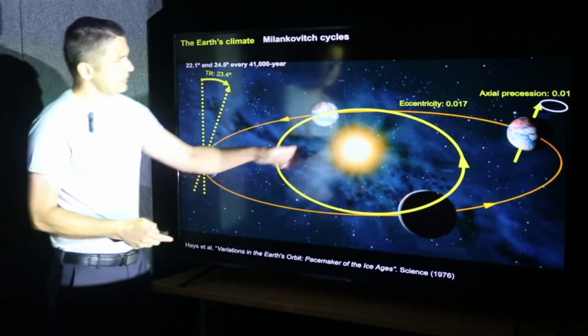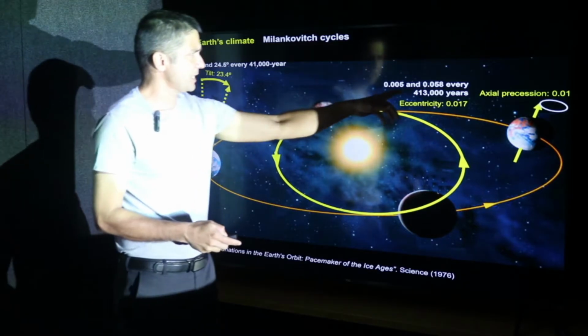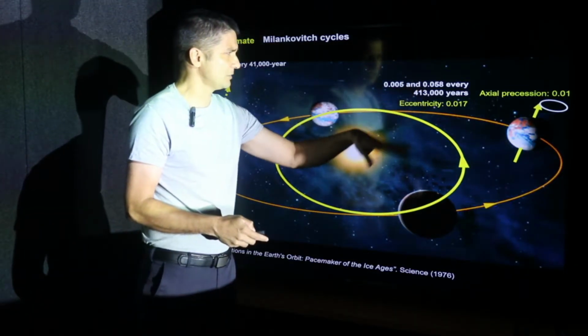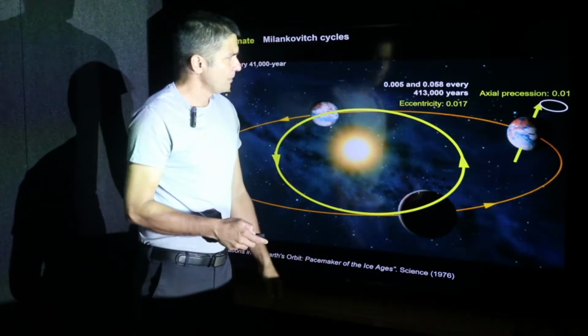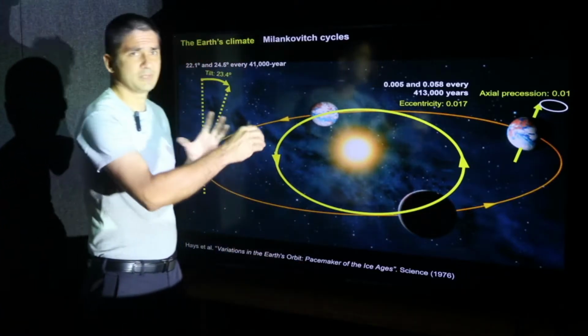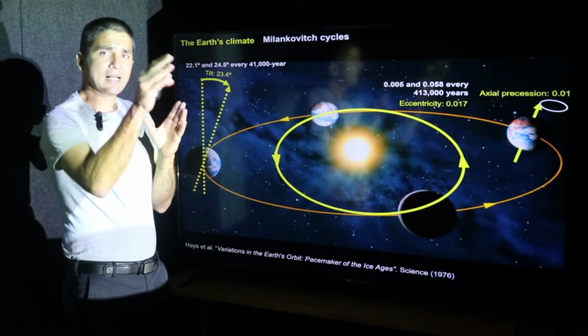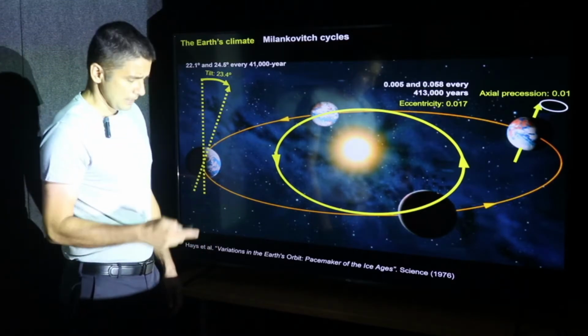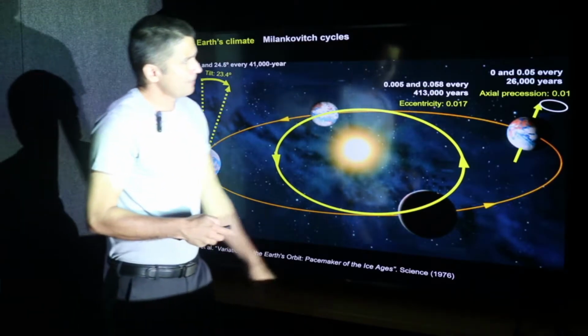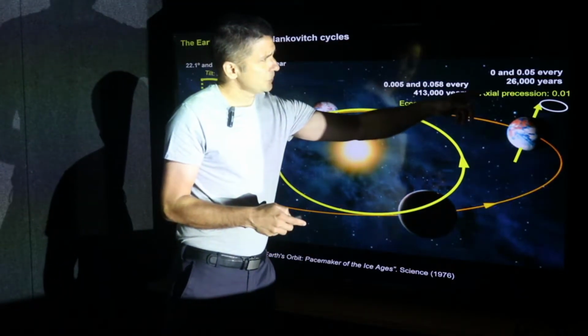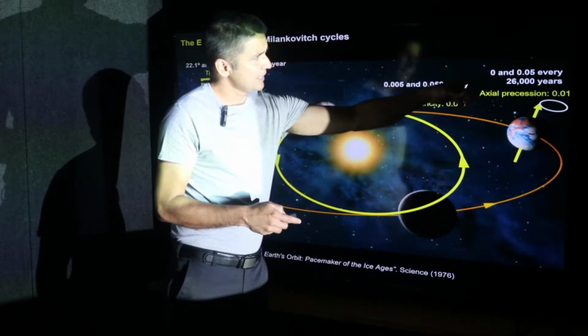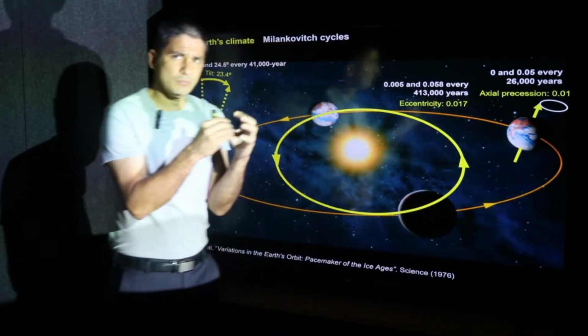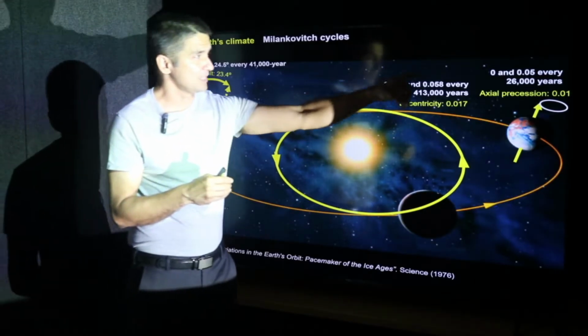The eccentricity also changes, and here is the range of eccentricity. It changes on the order of every 400,000 years, and that's because of the chances that we are lining up with these big other planets. And the axial precession changes between those numbers that you see there, and the time it takes to change is on the order of 26,000 years.